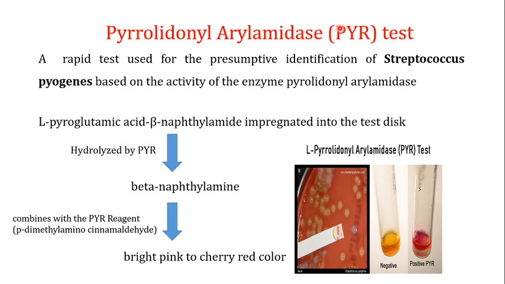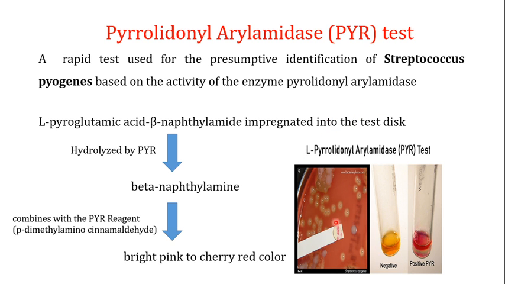This PYR test is a rapid test used for the presumptive identification of Streptococcus pyogenes based on the activity of this PYR enzyme. There is a disc impregnated with a compound known as L-pyroglutamic acid beta-naphthylamide.